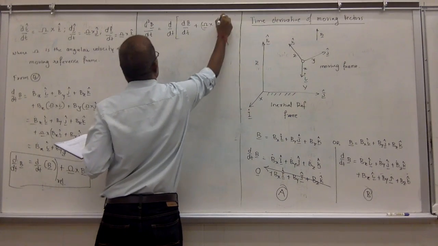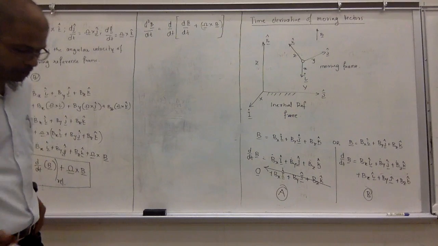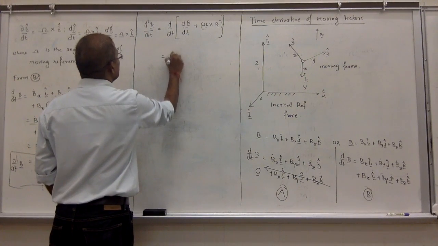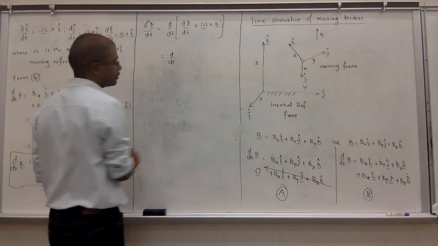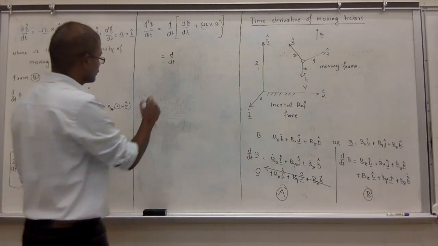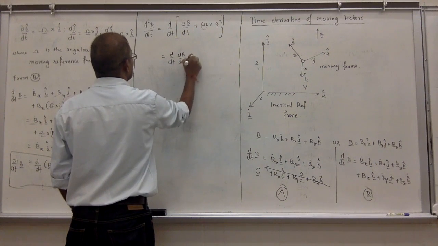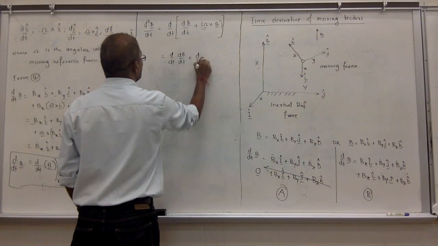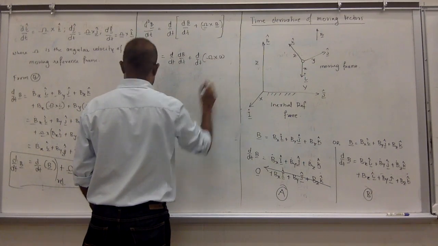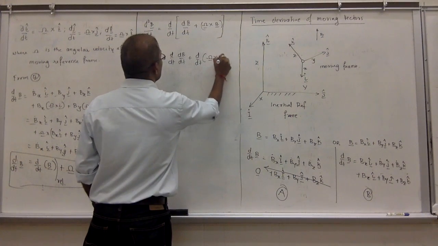So this gets a little bit tricky, you have to be careful. So what you do here is, you get d over dt of db over dt plus d over dt of omega cross with b.